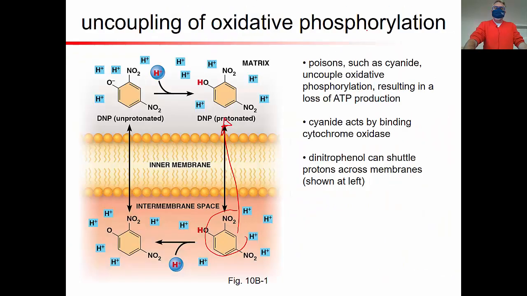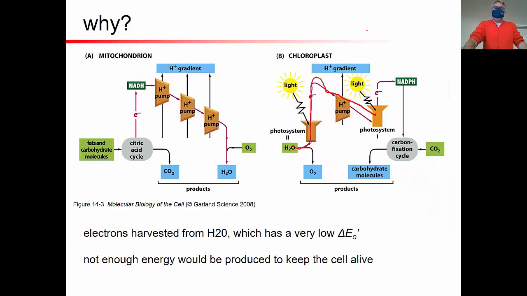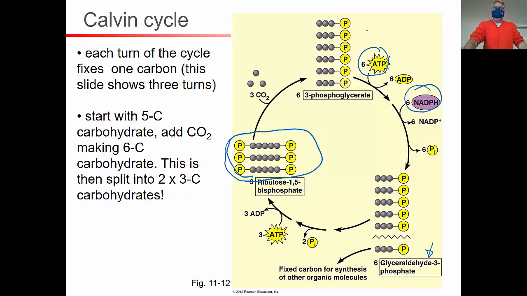And that is what we do. So we go through here, we produce 6 glyceraldehyde 3-phosphates. 1 of them we bleed off. Why do we only bleed 1 of them off? Well, we need to keep the Calvin cycle going. So we can't just utilize these 6 glyceraldehyde 3-phosphates.